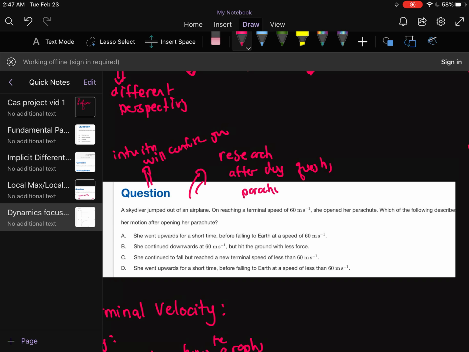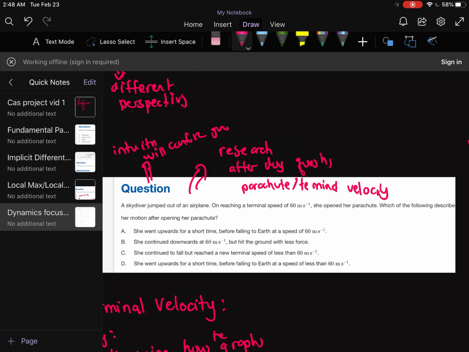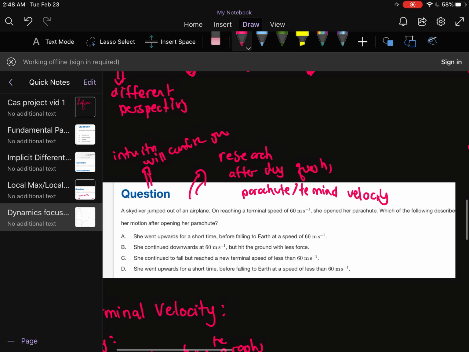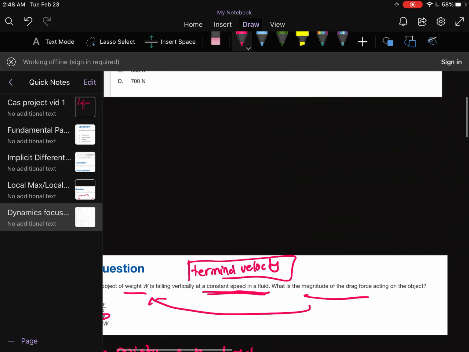Parachute terminal velocity. It's actually a very interesting read. Actually, I think this is probably the peak in terms of difficulty of terminal velocity because this is the application of the parachute. So, you can read the question, see what's happening, and hopefully get the answer.